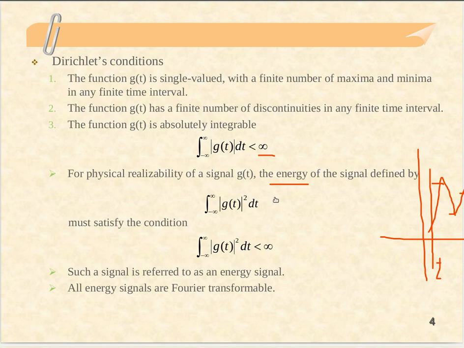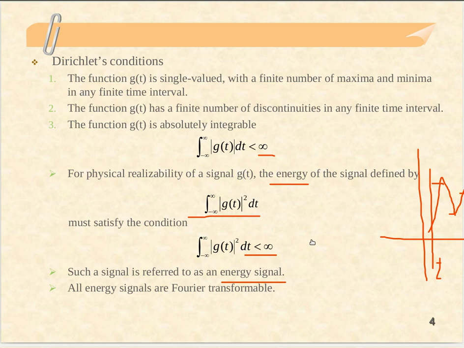This is the energy. If you calculate the energy and find that it is less than infinity, we call this signal an energy signal, and then Fourier transform is applicable. For this signal I can apply Fourier transform without any problem.